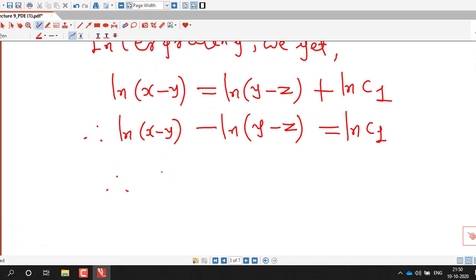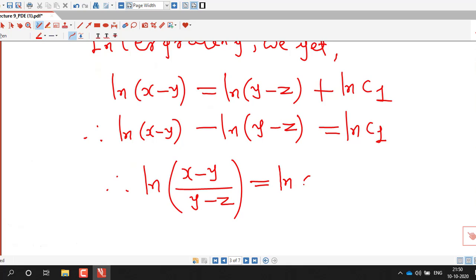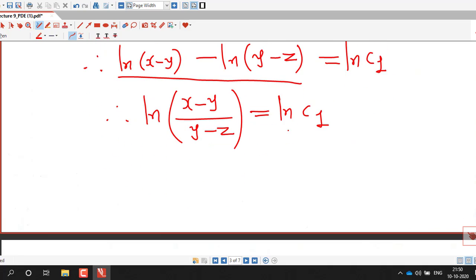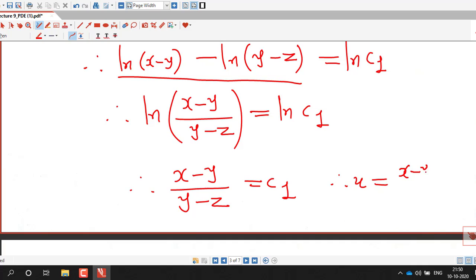So therefore log of x minus y divided by y minus z equal to log c1 using the property of logarithm. And because log is a one-one function, this implies x minus y divided by y minus z equal to c1. So therefore the first integral is u equal to x minus y divided by y minus z, which is c1.